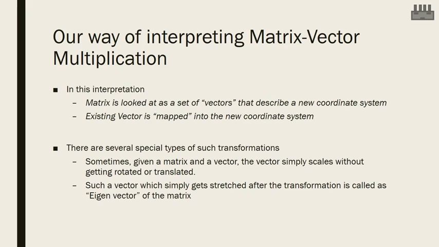It's not a simple rotation, it's rotation as well as scaling, right? So there are some cases where nothing happens except the scaling. The vector just expands like an elastic, right? Such a vector is special for that particular coordinate system, and such a vector is called an eigenvector, right? There are several applications for this. Maybe I'll cover them in a subsequent video. For now, I think we are okay to just know that such a thing exists.